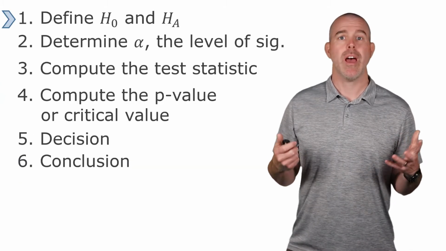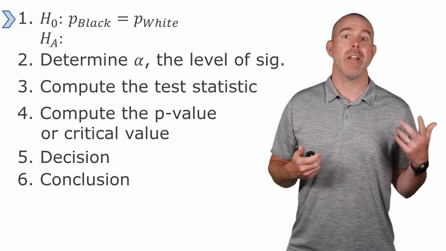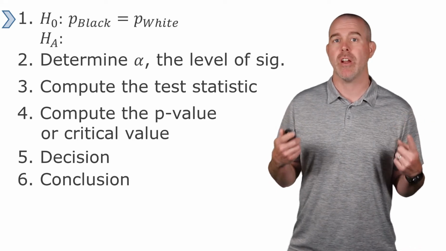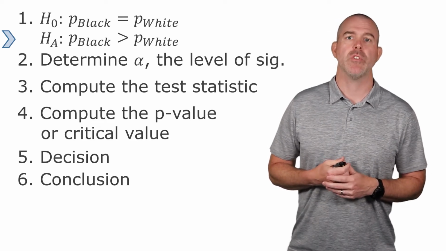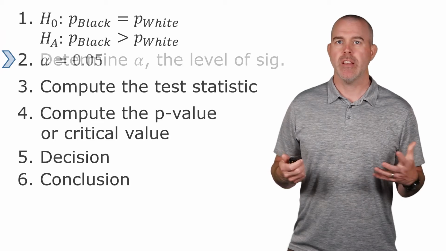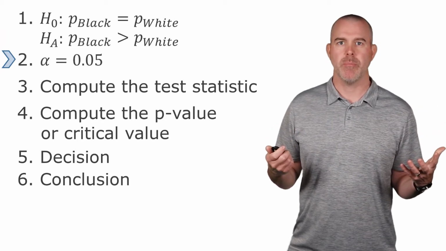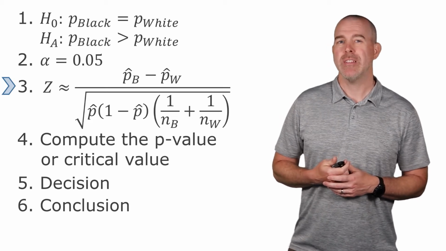Okay, so let's do the hypothesis test. We have to define a null and alternative hypothesis. Our null hypothesis is that the two proportions are equal, and our alternative is that the proportion for the Black students is greater than the proportion for white students. For alpha level of significance, let's use the 0.05 that we typically do. The test statistic is going to be this kind of crazy little z.